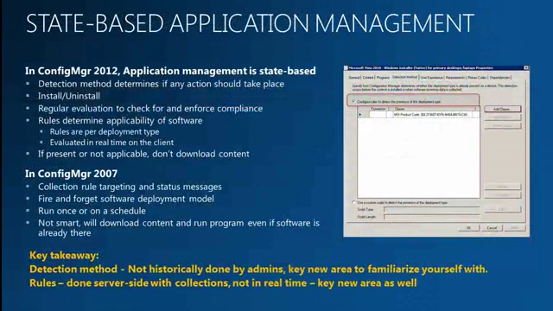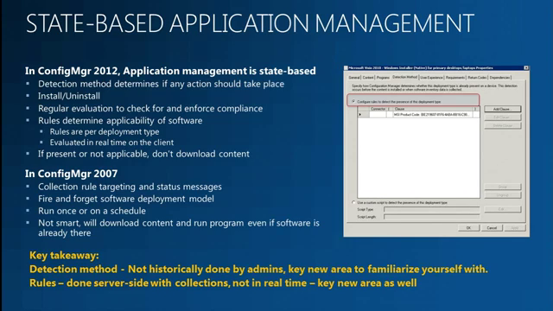So I've alluded to this a little bit, state-based application management. Essentially, the system is smart enough to understand the state of a machine for a given user and do the right things. The detection methods are key to this, being able to understand what it means to see software on a system or to have software installed on a system. With a detection method, we can perform both installs and uninstalls where appropriate. We can regularly scan and enforce to make sure that the applications are there.